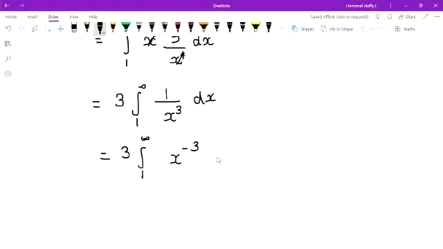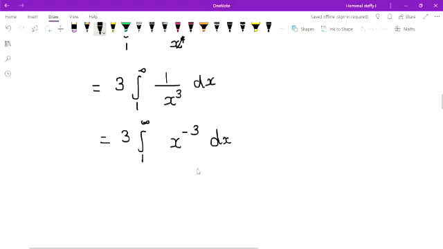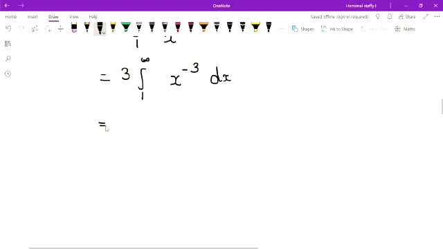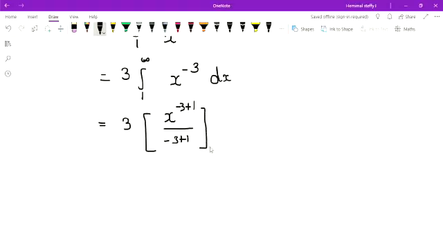You know what the integral of x power minus 3 is: x power minus 3 plus 1, divided by minus 3 plus 1, with the limits.